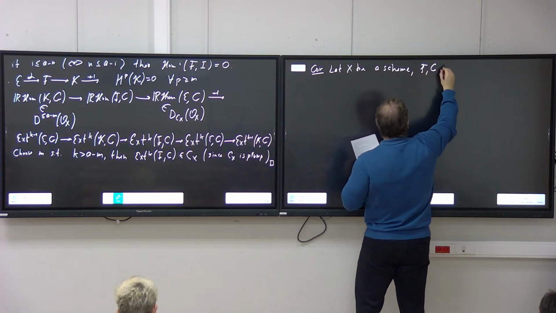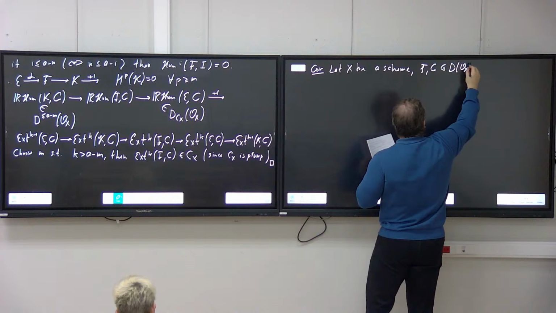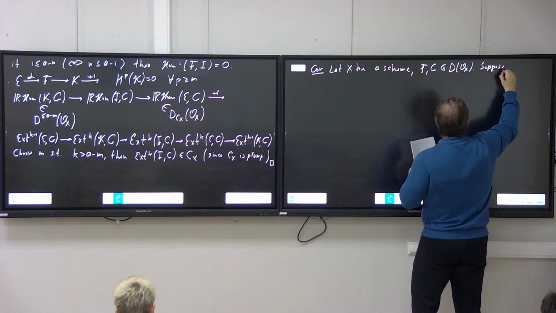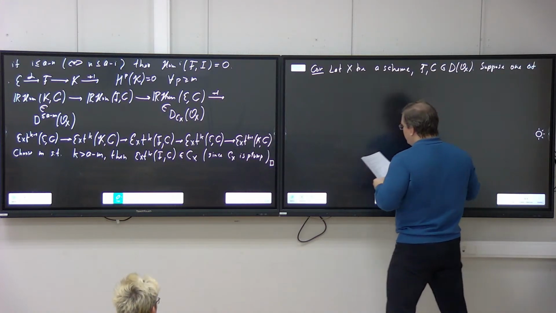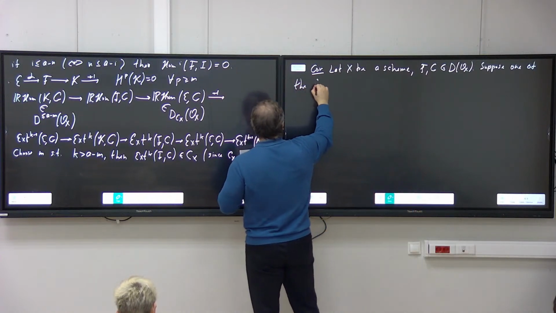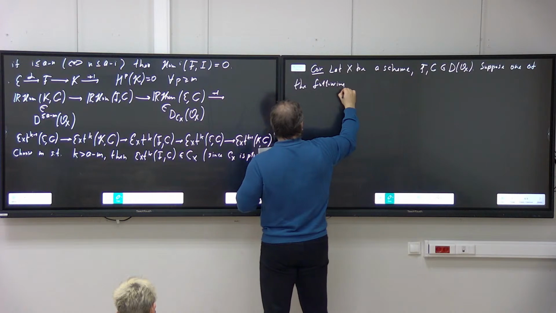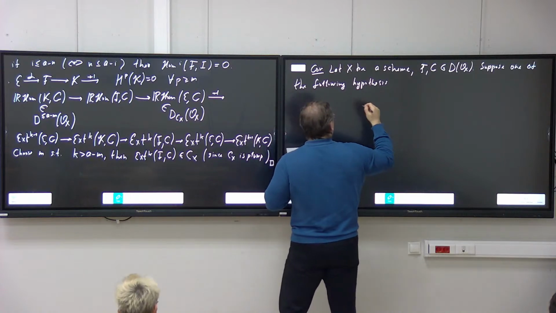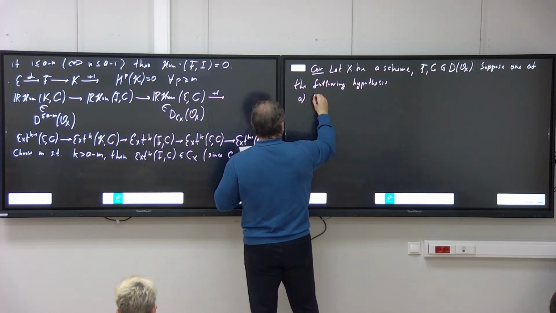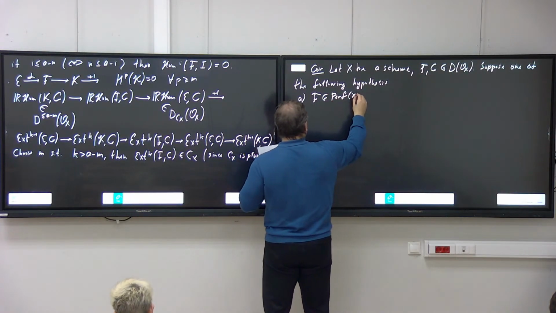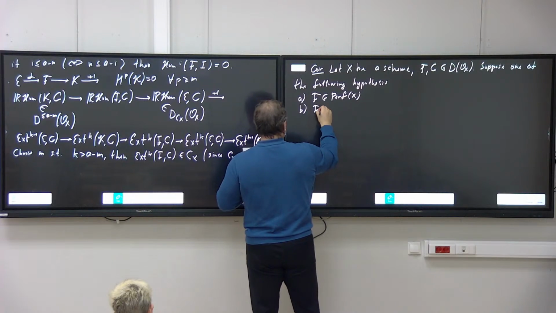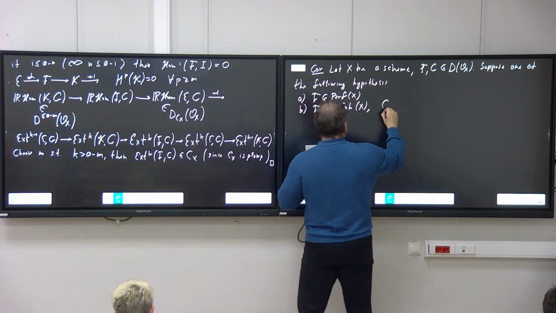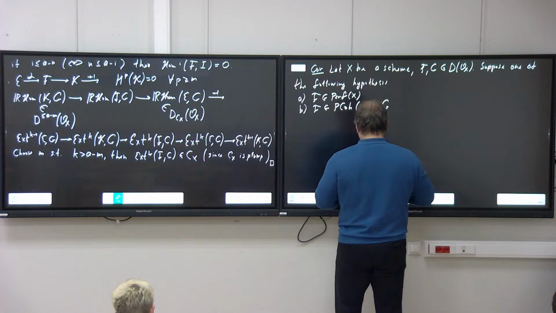Suppose that F and G are two complexes of OX modules, and suppose one, as before, of the following hypotheses: A, F is perfect on X, or B, F is pseudo-coherent on X and G is as before, locally bounded below.